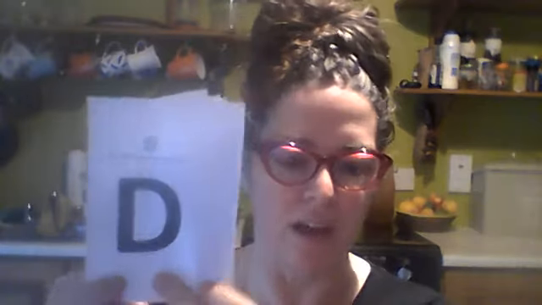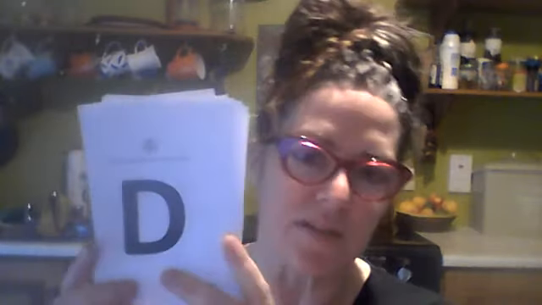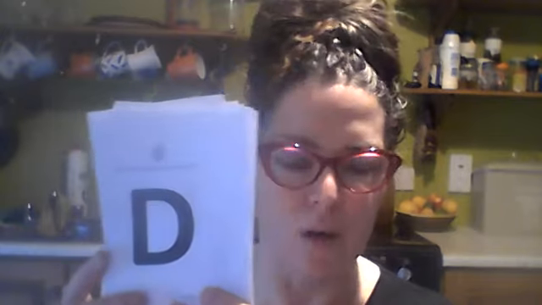Then we move on to D. Now D is going to be pronounced D or J, and I'll come back to that. And when we have a H after it, it is going to be pronounced Y, like a sort of Y sound.